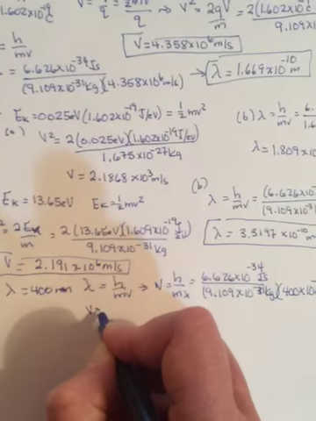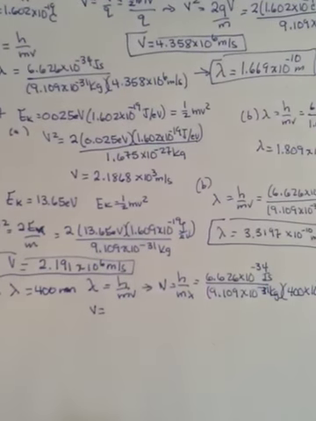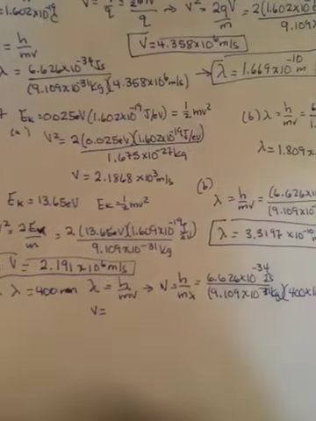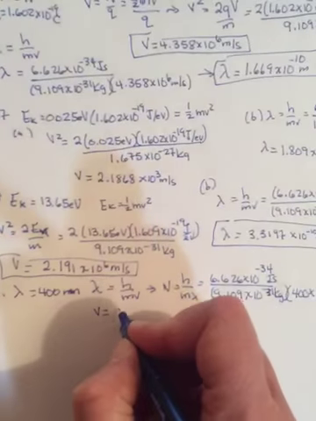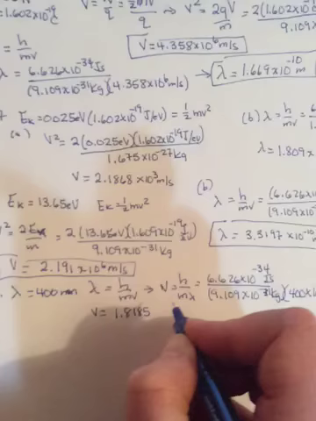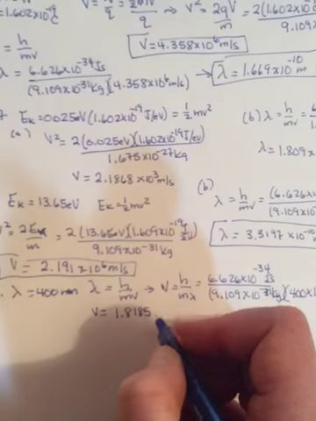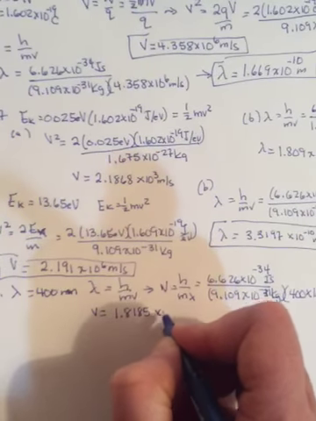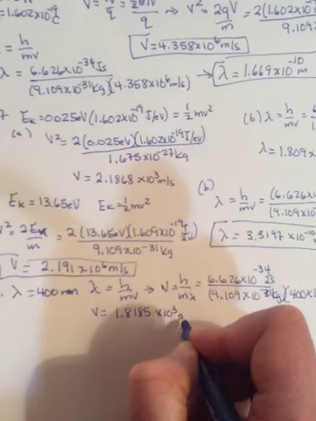And when you do this, you get a speed of 1.8185 times 10 to the 3rd meters per second.